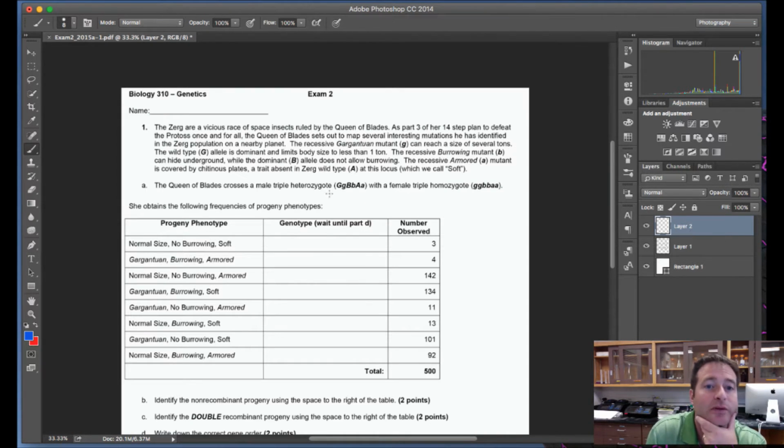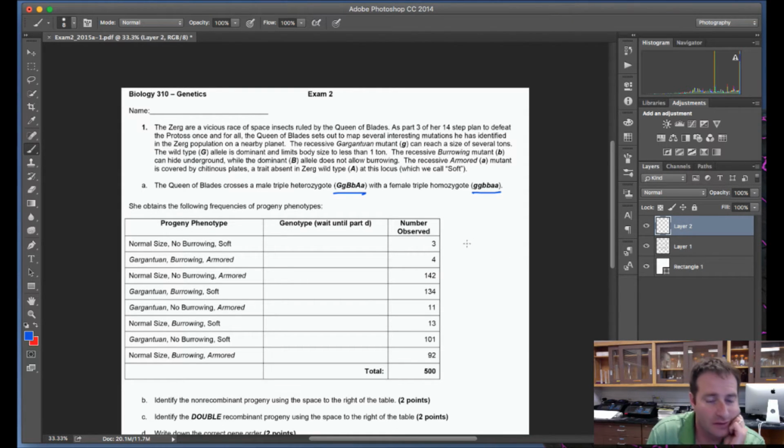Alright, so the way that these problems almost always work is they set up 3 loci in a test cross, and you are going to need to calculate the genetic distances between the loci and draw a genetic map. And the test cross is outlined here. So this right here is the triply homozygous recessive individual that makes it a test cross, and this is a triple heterozygote.